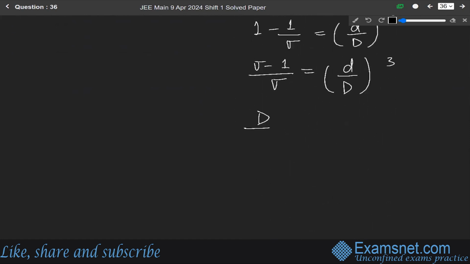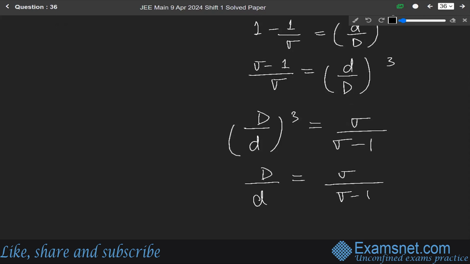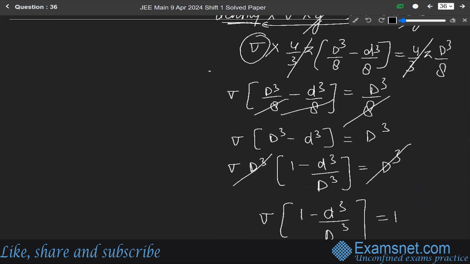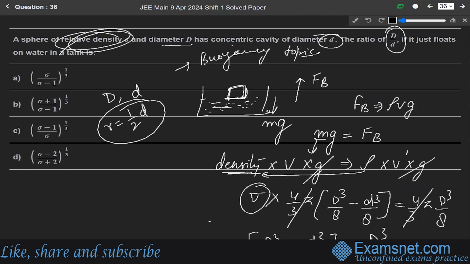So we can write 1 minus 1 over sigma will be equal to d over D whole cube. Taking LCM, sigma minus 1 over sigma will be equal to d over D whole cube. Now, since we have to find the ratio of capital D over small d, D over d whole cube will be equal to sigma over sigma minus 1. So D over d will be equal to sigma over sigma minus 1 raised to the power 1 by 3. This is our final answer. So the ratio of capital D over d is sigma over sigma minus 1 raised to the power 1 by 3, which means option A is the correct answer.